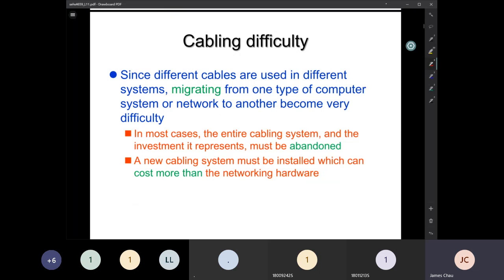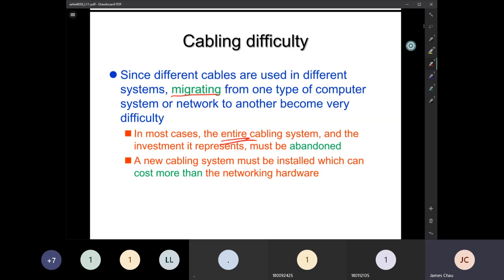So if you are going to migrate from one type of computer system or network, it becomes very difficult. In most cases, the entire cable system should be replaced. Because when you replace another computer, it may use another type of network or cable or connector. Therefore, at the same time you replace your computer, you should also replace the cable.